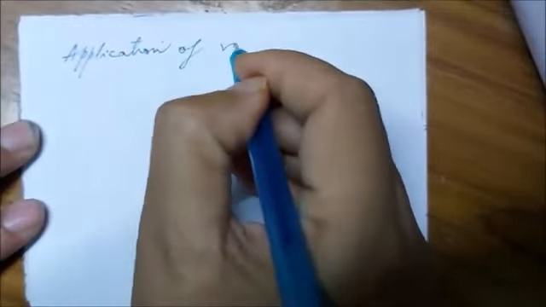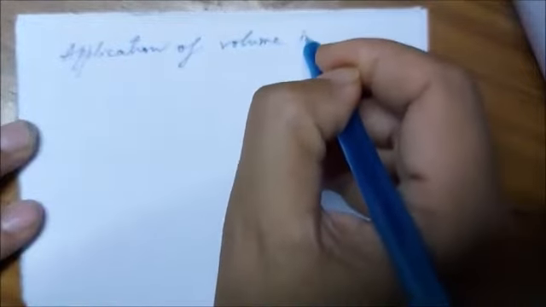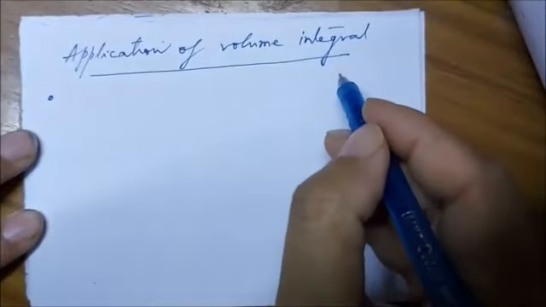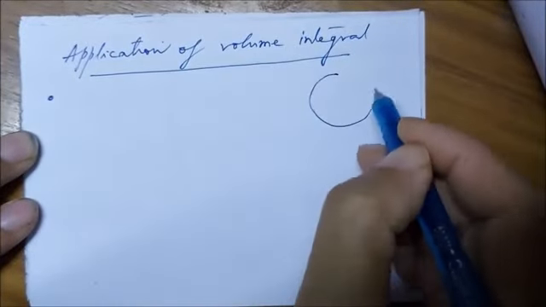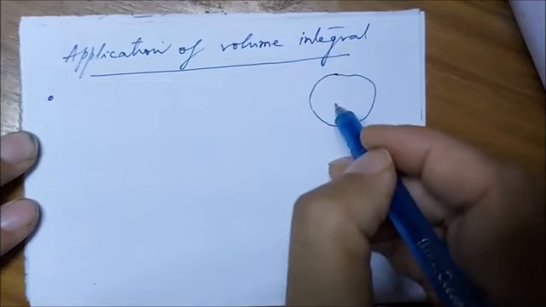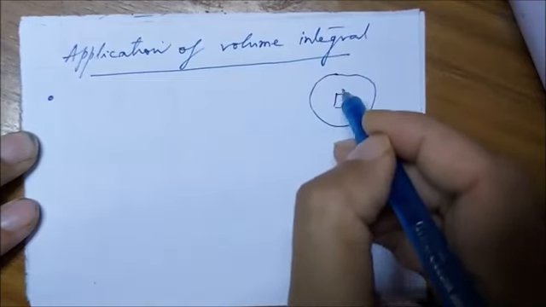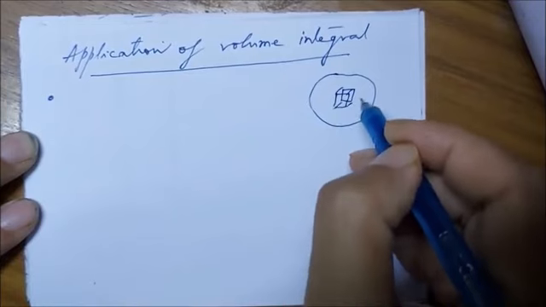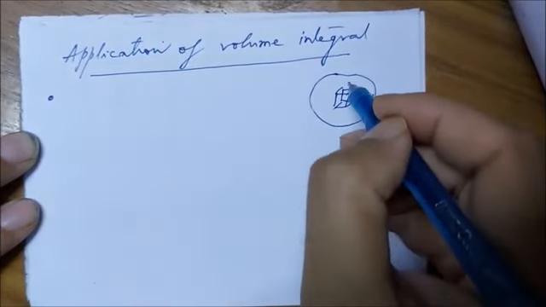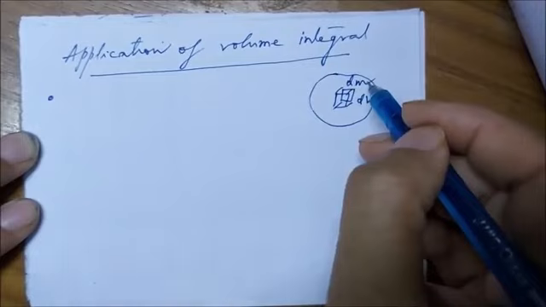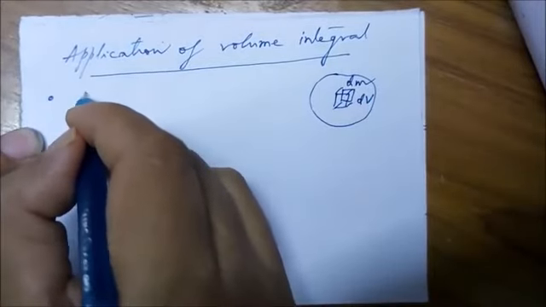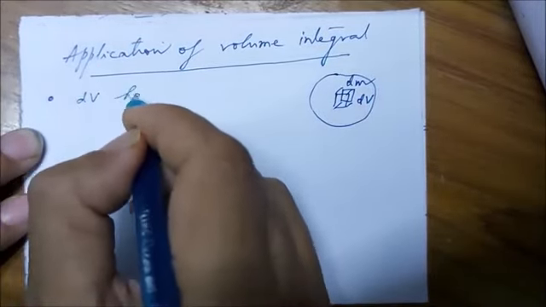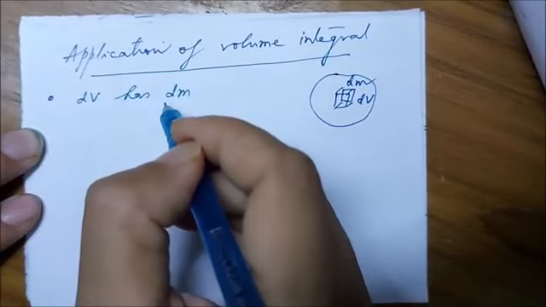We now mention application of volume integral in physics. Consider a region where there is matter or mass and an elemental volume dV contains mass dm. So dV, volume element, has mass dm.